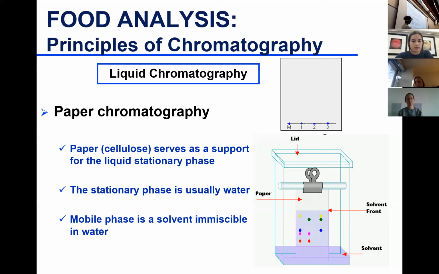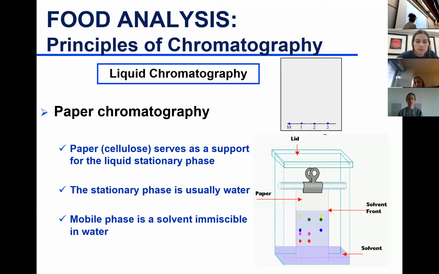And paper chromatography, it's used, but it's not very commonly used anymore. Thin layer chromatography is used a little bit more, but mostly when you do screening. But then when you want to do real quantification and identification type of work, you want to do column chromatography.